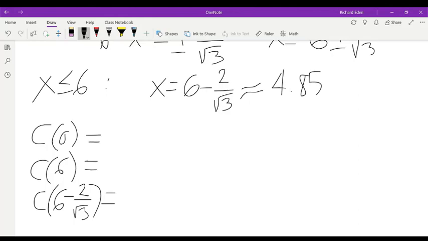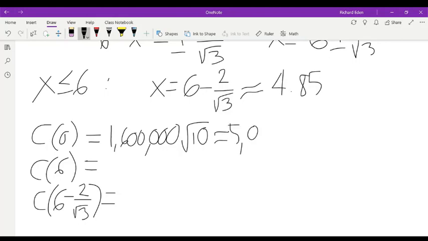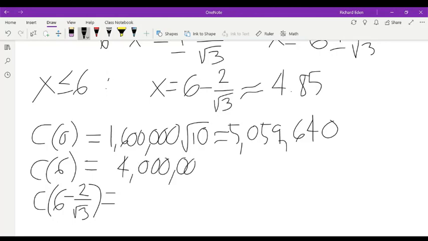C of 0 is the following: 1, and then 6, 0, 0, lots of zeros here, with the square root of 10. Straightforward calculator work. Approximately 5,059,640. C of 6 is 4, and then again lots of zeros, 6 of them.